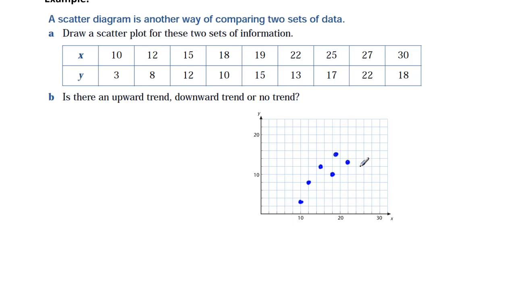There's 10, 12, 14, 16, 17. 27 and 22, well that'll be 28, there's 27, and there's 20, so 22 would be up here, and 30 and 18, so there's 20, we'll go back to 18.